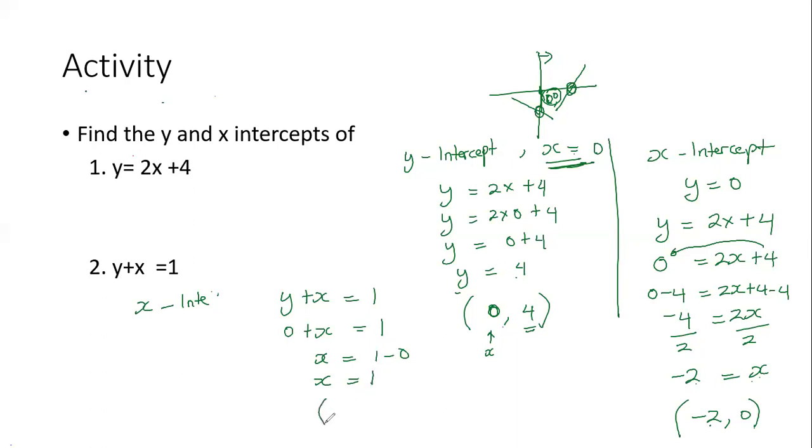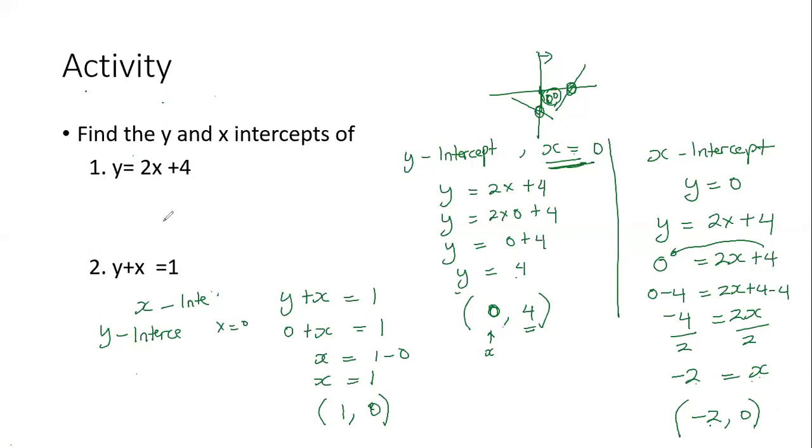So what are your coordinates? 1, 0. And your y-intercept, hope people are getting. X equals 0. So your coordinate? -1, 0. Good, substitute very well.